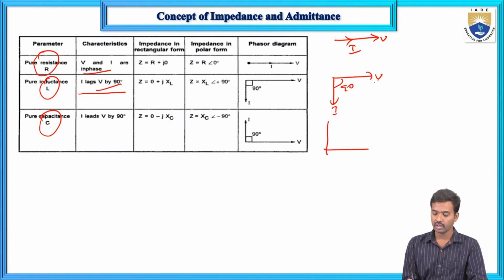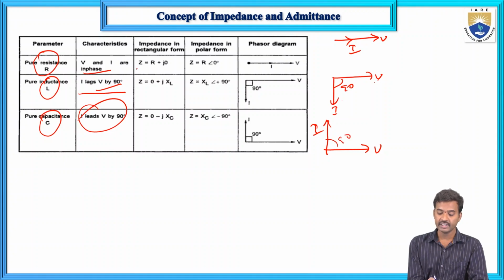And this is the pure capacitor case, where current leads voltage by 90 degrees. You can tell it like this: voltage leads current by 90 degrees, voltage lags by 90 degrees.